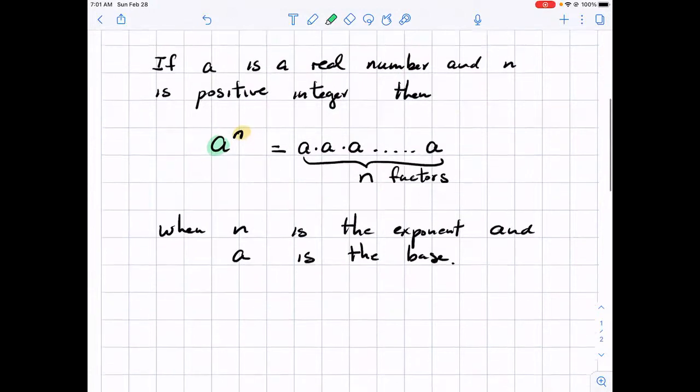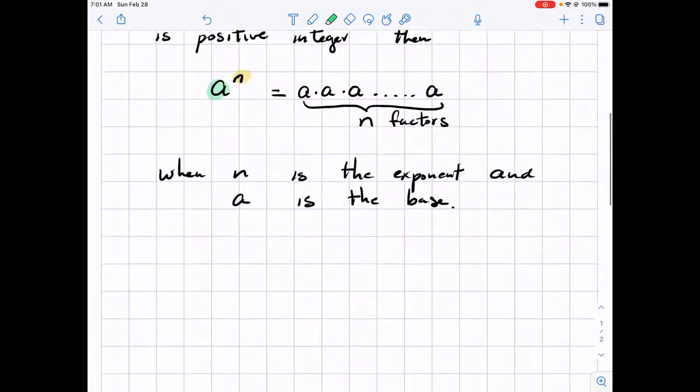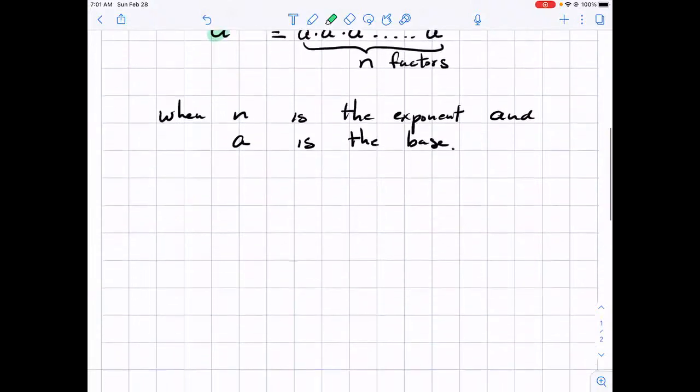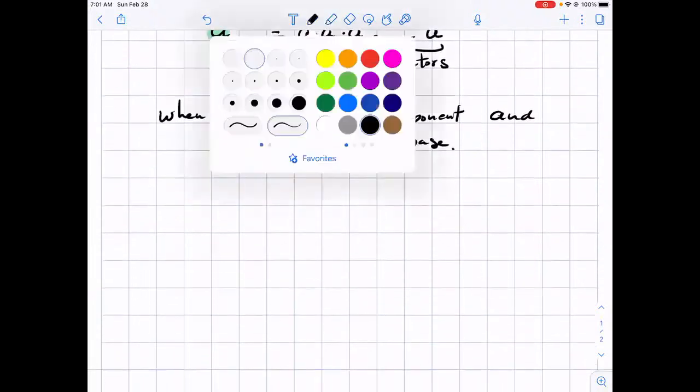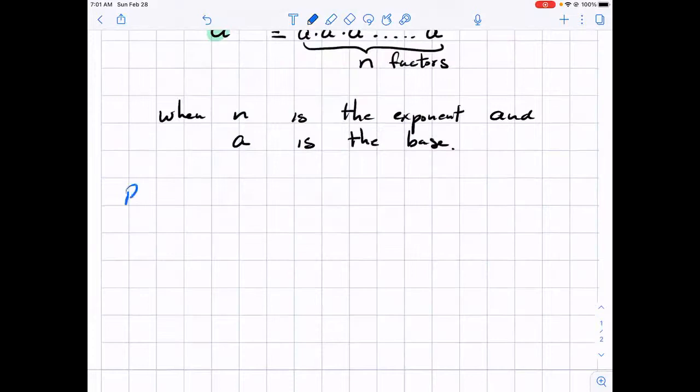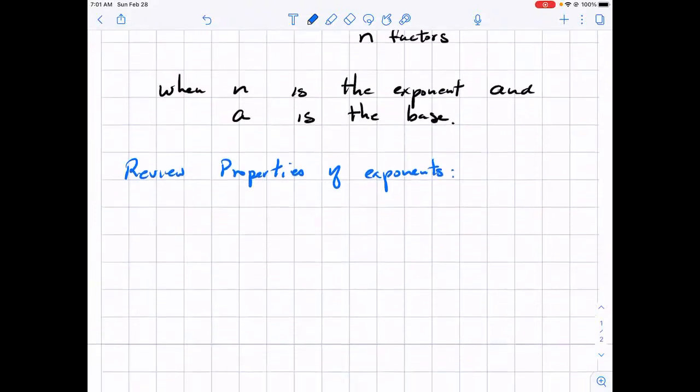Now, there are a bunch of different rules or properties of exponents, so I'm going to review them quickly. There probably are anywhere from 6 to 10 of them. We go back and forth with some of them, but I will only discuss a few.